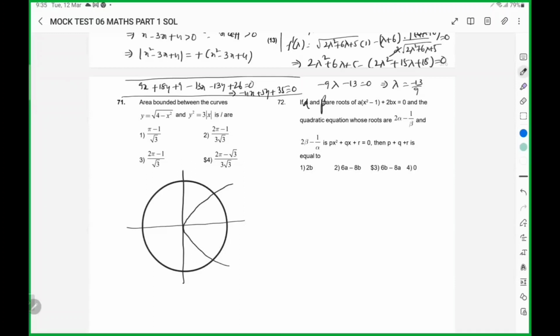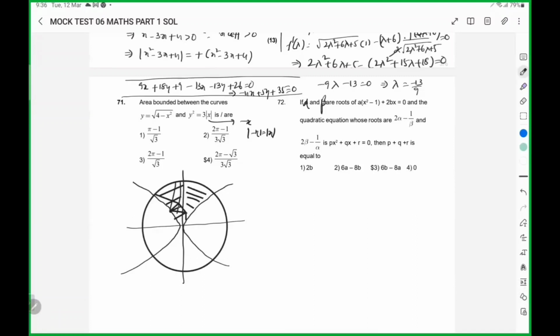If you replace x with minus x, there is no change because mod minus x is mod x. Then it is symmetric about y-axis. So between curves and circle, this is the area which we have to find out.